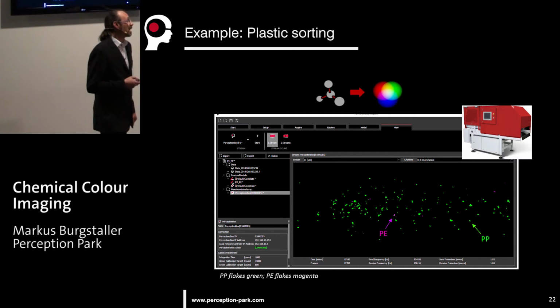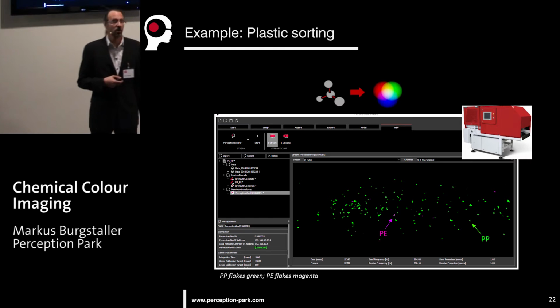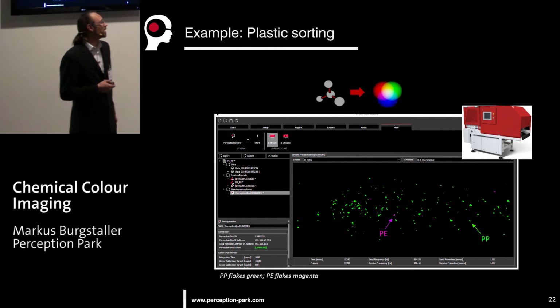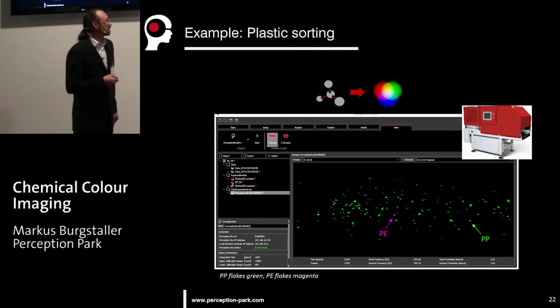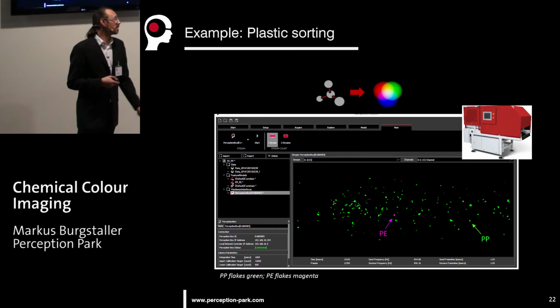This is an example from typical sorting, recycling in this case. Here you can see a stream of polymer flakes. There are polyethylene flakes. Here is one, this is the magenta one, and here are polypropylene flakes, the greenish one. The material speed was 2 meters per second, so it's quite fast.